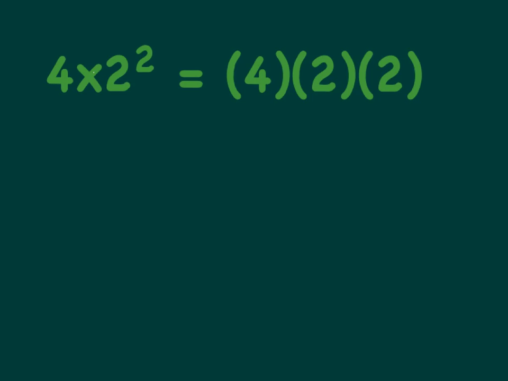Here's another example of an exponent. So what we have is 4 times 2 to the second power. That's the same as 4, with the old-fashioned multiplication sign of x, times 2 to the second power. So remember that the exponent only applies to the 2 within parentheses.